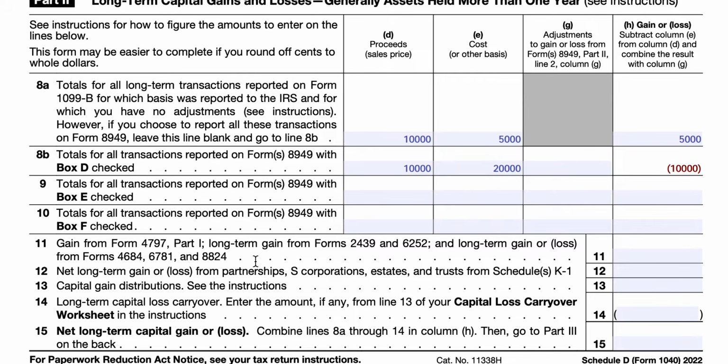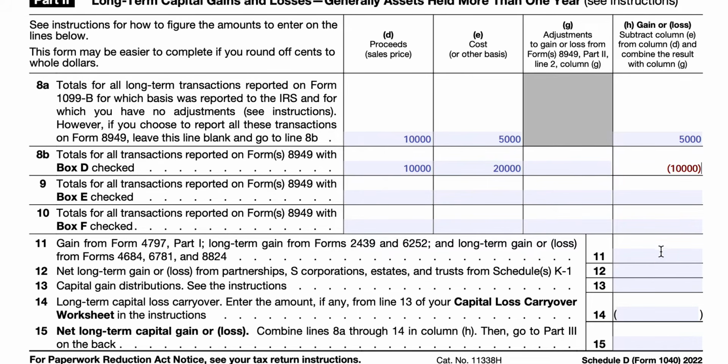You would also be reporting any undistributed long-term capital gains that were reported to you on IRS Form 2439. Any installment sales on IRS Form 6252. Any gains or losses from casualties and thefts, Section 1256 contracts and straddles, and like-kind exchanges.